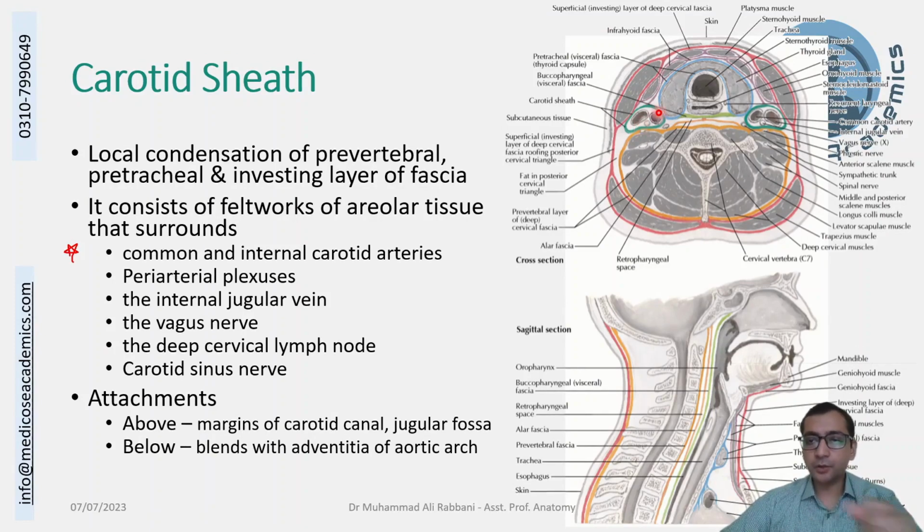In the upper part of the carotid sheath, other cranial nerves are also present that include the last four nerves, the 9, 10, 11, 12: glossopharyngeal, vagus, accessory, and hypoglossal nerves. In the uppermost part, it may include the accessory nerve.